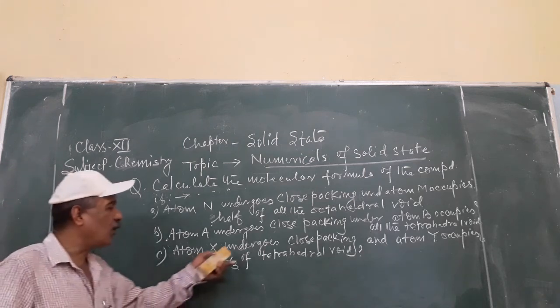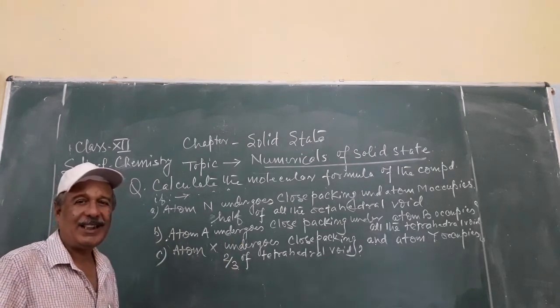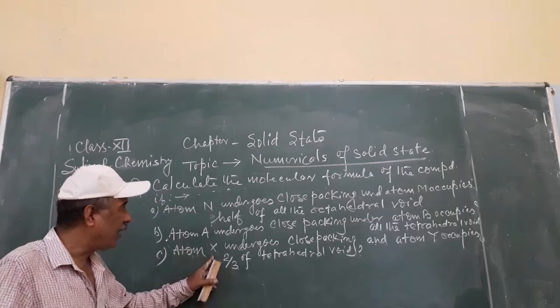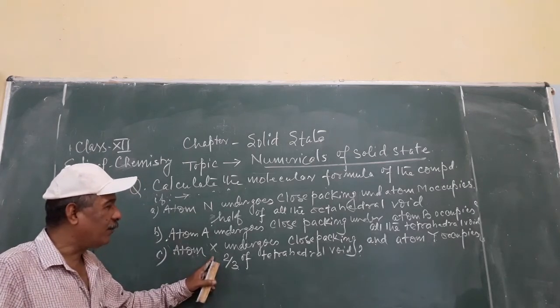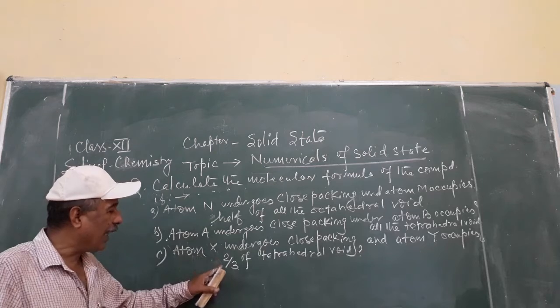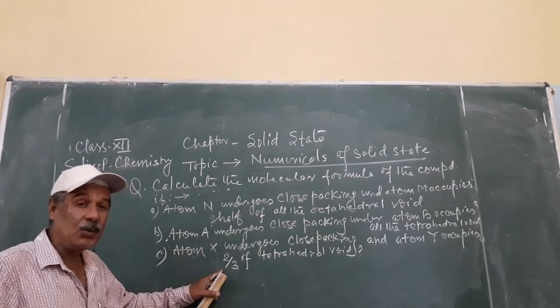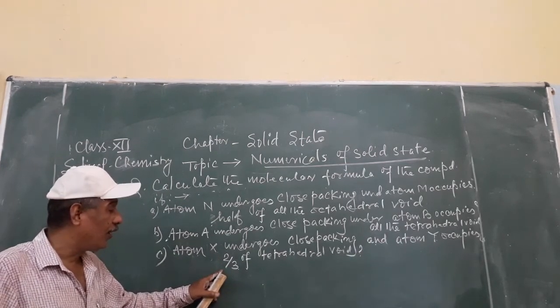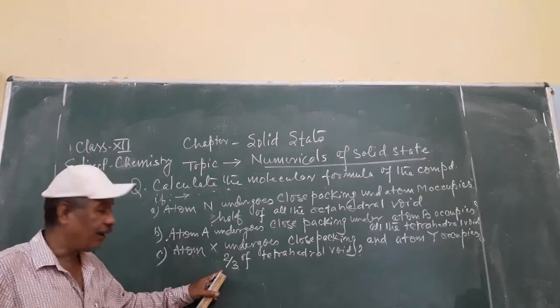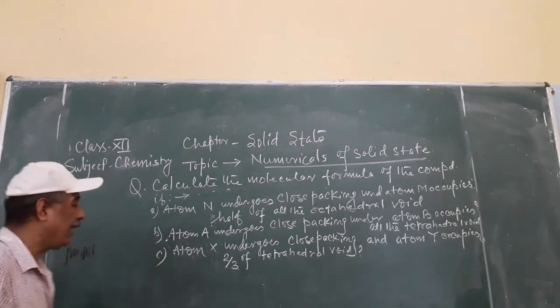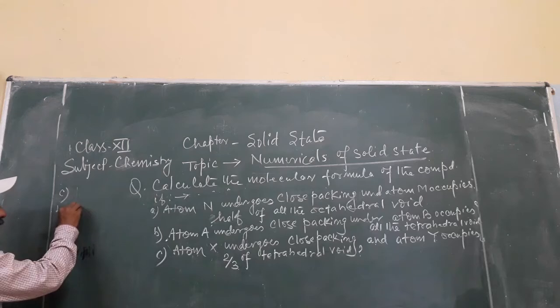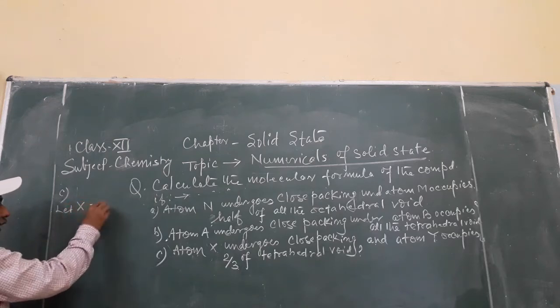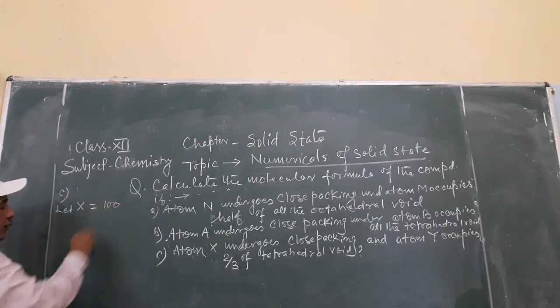Atom X undergoes close packing, and atom Y occupies 2/3 of the tetrahedral void. So here let X be equal to 100.